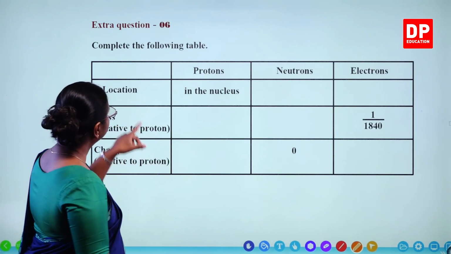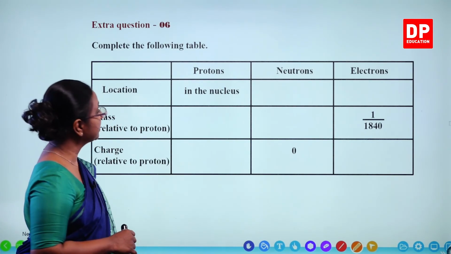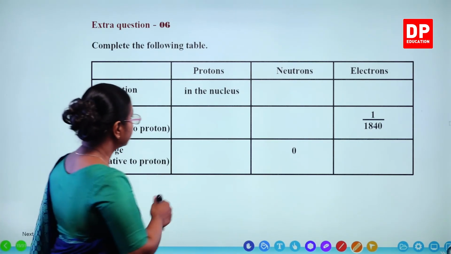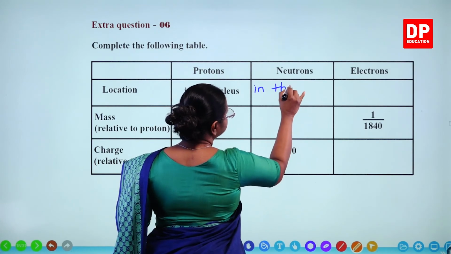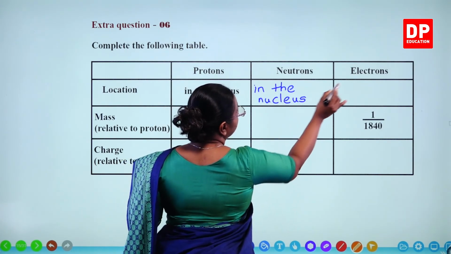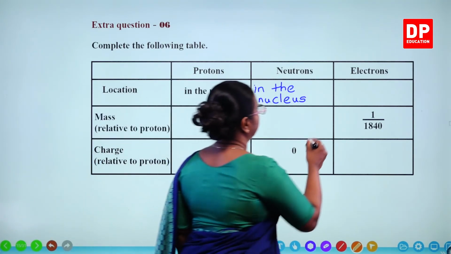So then, if we fill up the spaces there, location, protons are present in the nucleus. Where do you get the neutrons? That is also in the nucleus. Then how about electrons? Space around the nucleus.